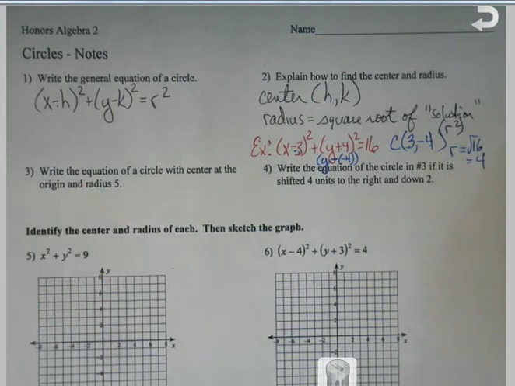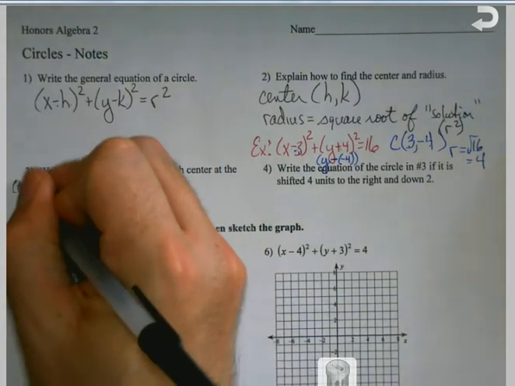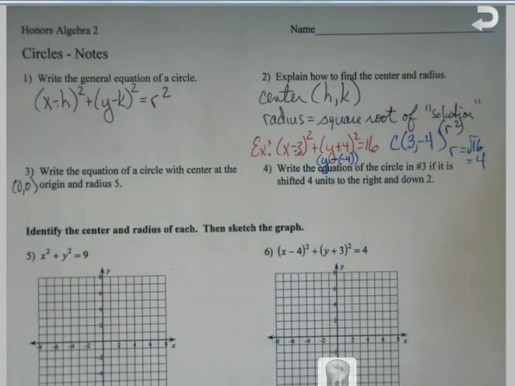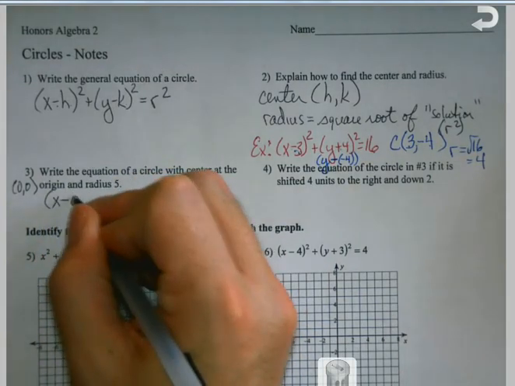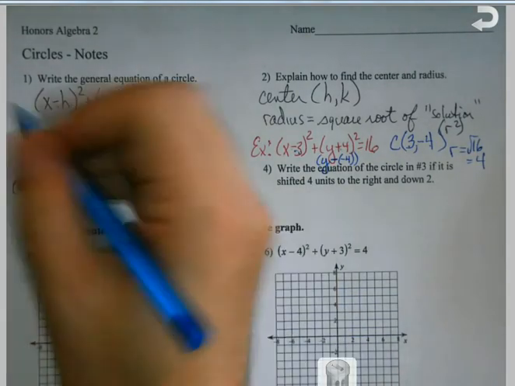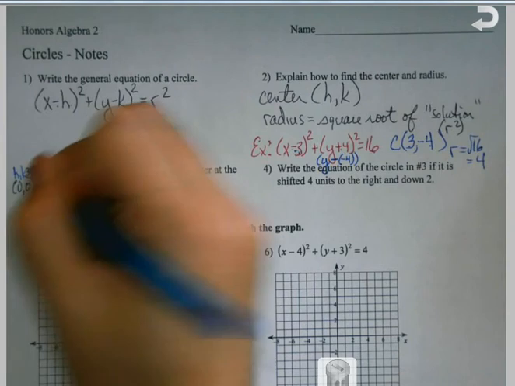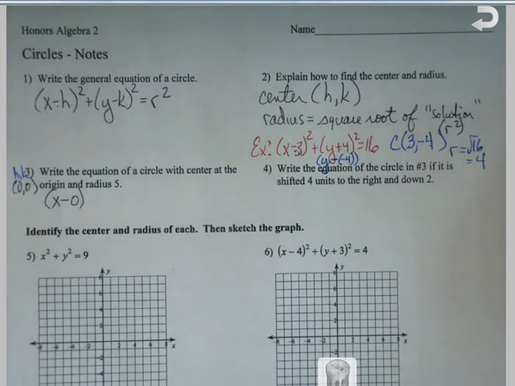So when it says write the equation of a circle with a center at the origin, (0, 0), and radius 5, if you really want to stick to the form, we can. We could do x minus 0, because again, this is my h and my k value.